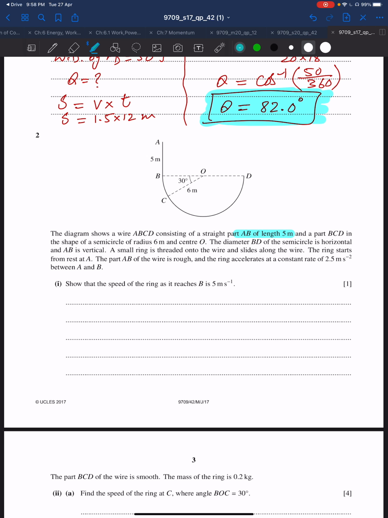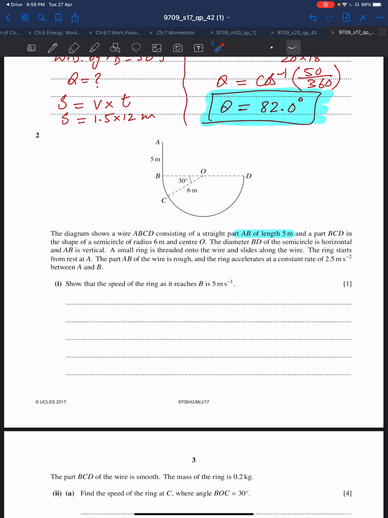The part BCD is in the shape of a semicircle with radius 6 meter and center O. That means this is the semicircle and this is the radius, so this would also be 6 meter and this would also be 6 meter. The diameter BD of the semicircle is horizontal and AB is vertical. This is vertical and this is horizontal, which means it's making a 90-degree angle.